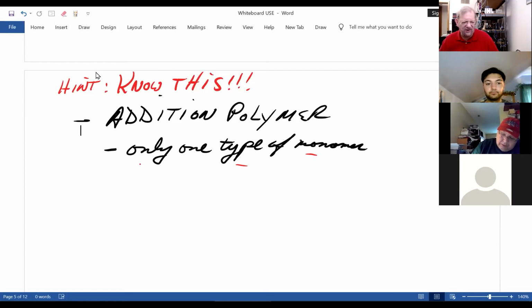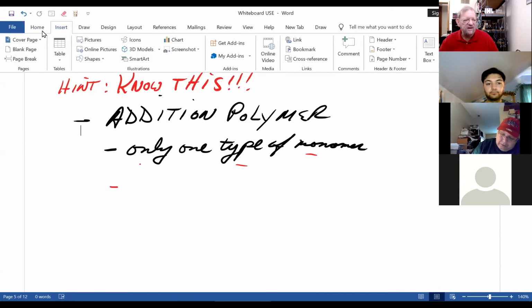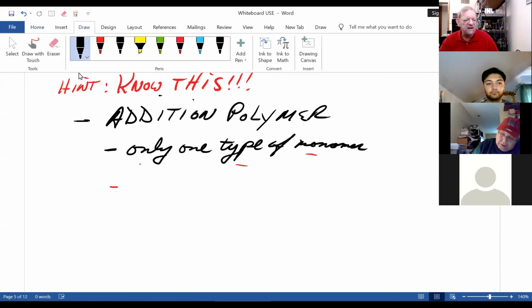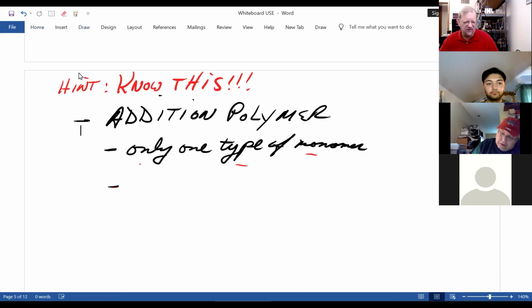Now, you should know examples of an addition polymer. One is Saran Wrap, or the clear plastic wrap in the kitchen. I know it by the trade name; I think many of you do.